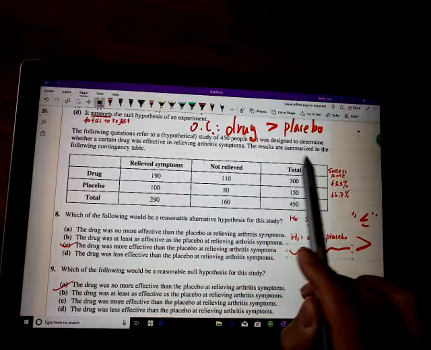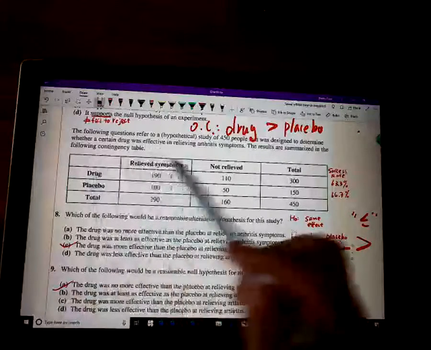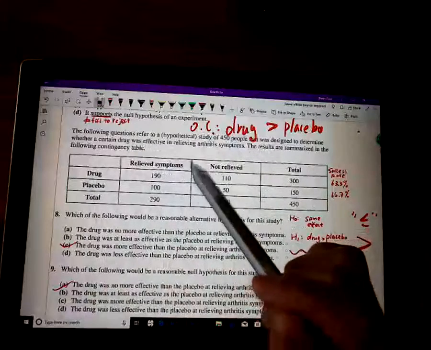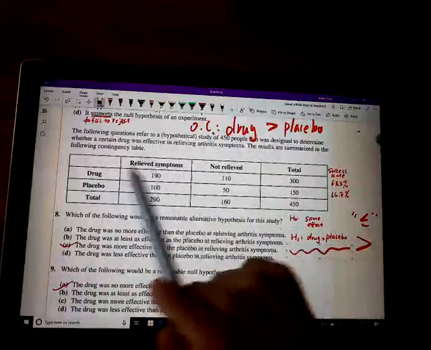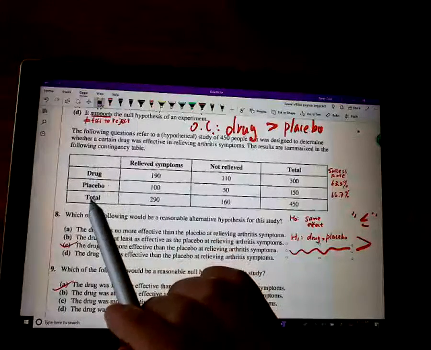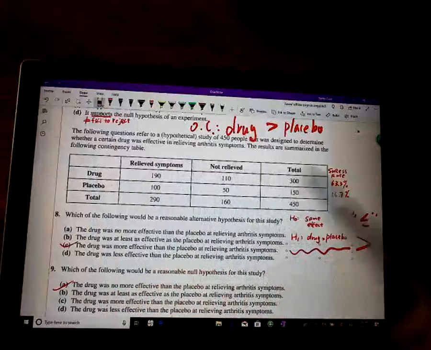The results are summarized in the following contingency table. A contingency table is a two-variable table. The first variable is drug or placebo. The second variable is relieved symptoms or not.